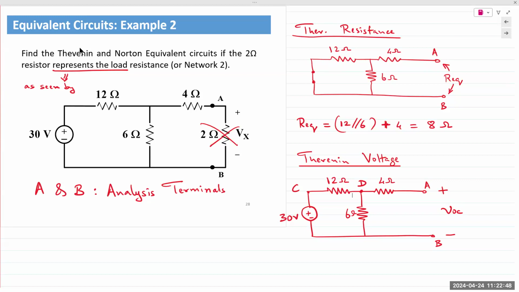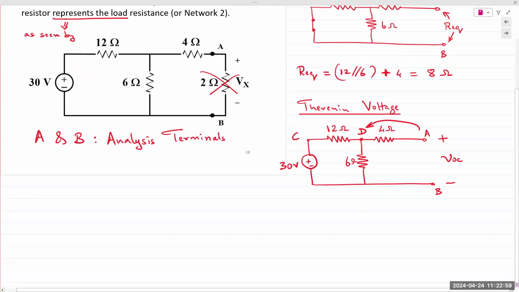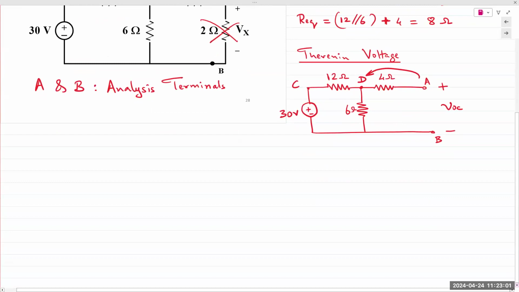It means voltage at A is exactly the same as the voltage at D. This is the important concept I wanted to point out. And because that 4 ohm resistor is effectively not part of that connection, only the 12 and 6 are connected at that node, and hence 12 and 6 are in series.